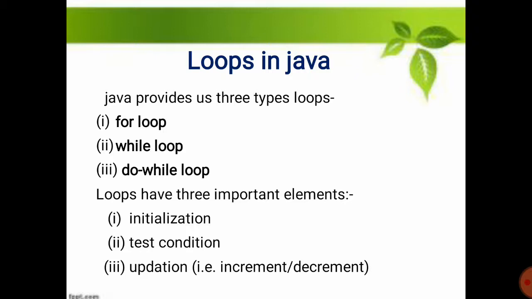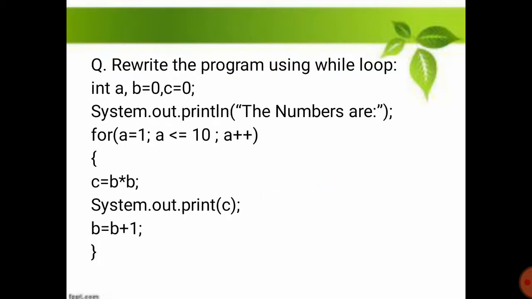And loops have three important elements. The first one is the initialization, the second one is the test condition, and the third one is the updation, that is increment or decrement.